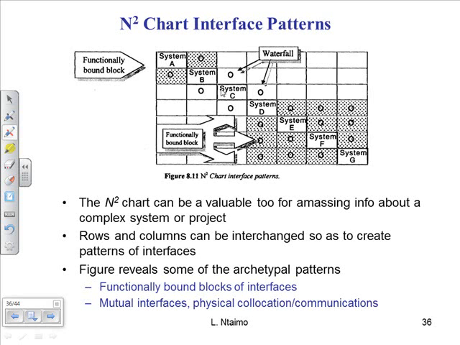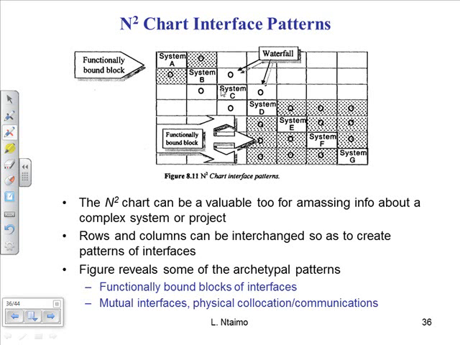Suppose this is a real system of systems. What happens if I take away system C? Okay, if system C breaks down, what's going to happen? There will be no interaction between system A, B, and system D, E, F, and G, right?